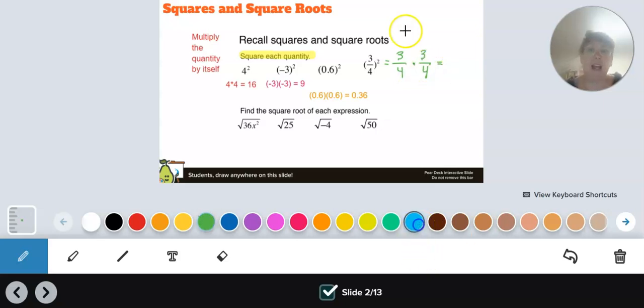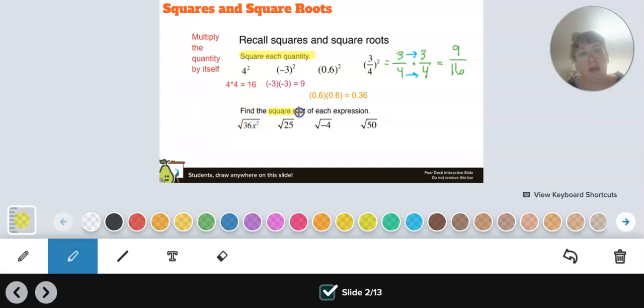When you multiply fractions, you multiply across. So 3 times 3 gets us 9, and 4 times 4 is 16. So that's all squaring, where you take the number and multiply it by itself. The number 2 is telling us you're multiplying it by itself twice, so there's 2 of them.